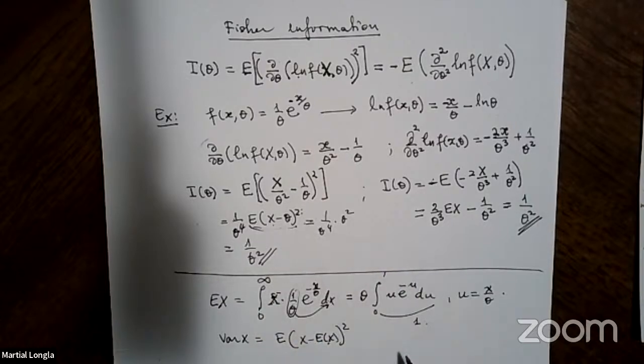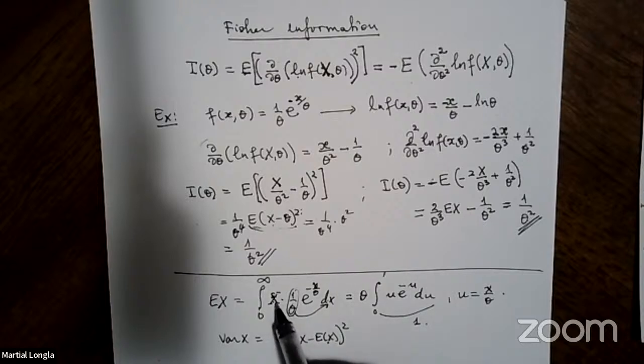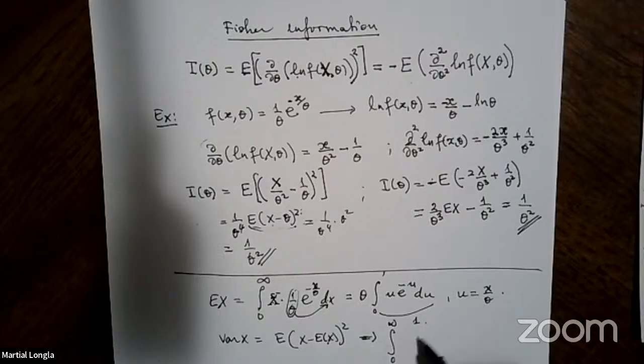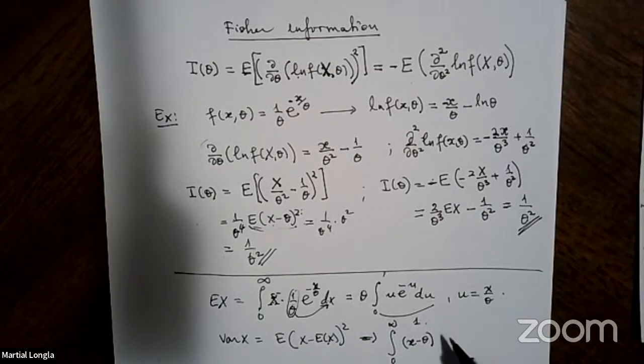And we can play the same game that we played here to find that this is the integral from 0 to infinity of (x minus theta) squared times 1 over theta e to the negative x over theta dx.